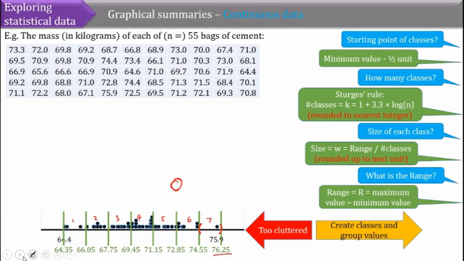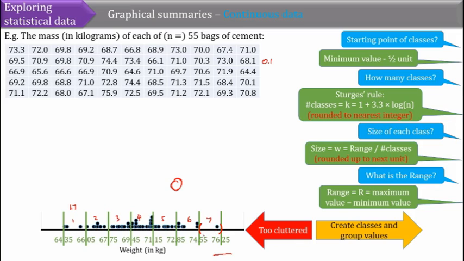Right, so once we've done that, then we have our foundation for our histogram. We have the number of classes from Sturge's rule, we have the range, and we divide that by the number of classes to give us the class width, which was 1.7, rounded up to the next unit. We keep on adding that until we have 7 classes.